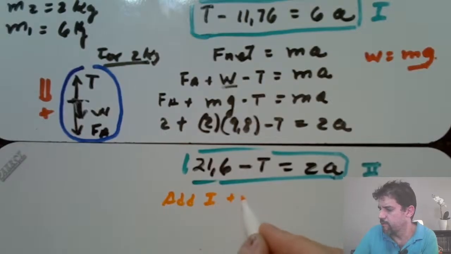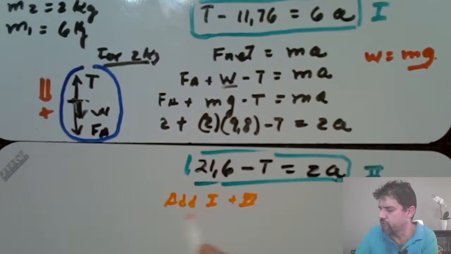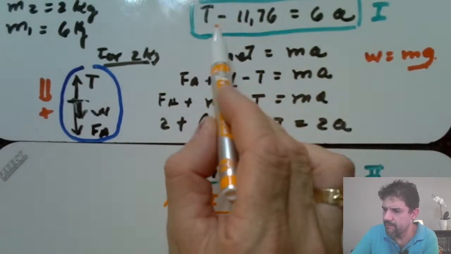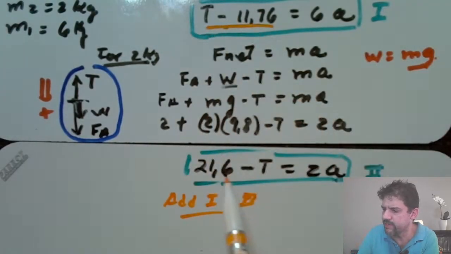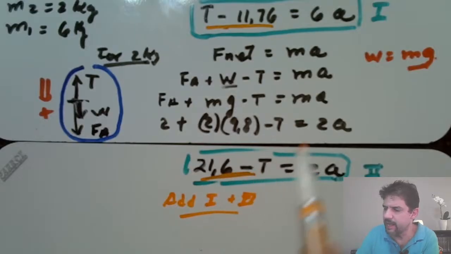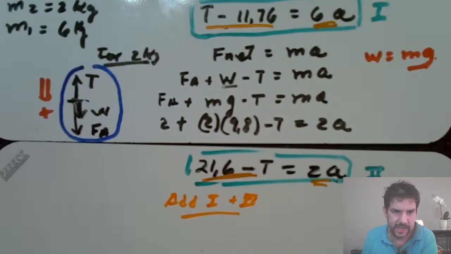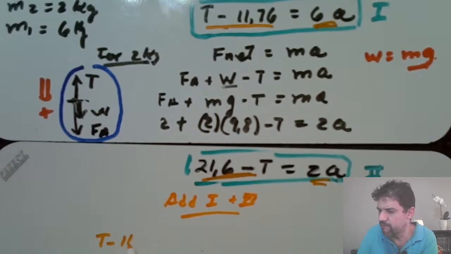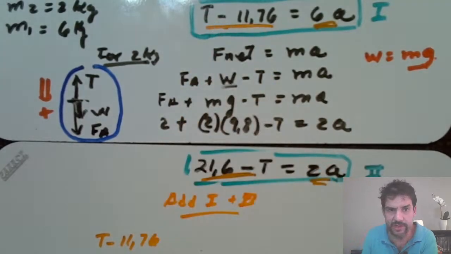Equation 1 plus equation 2, and I'm going to show you how I do it. I add everything on the left with everything on the left, and then I add everything on the right with everything on the right. Saying that, what will I write in here? T minus 11.76. That is the left side for the first equation.